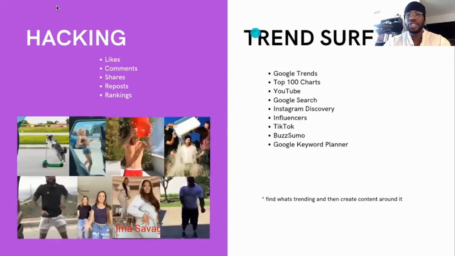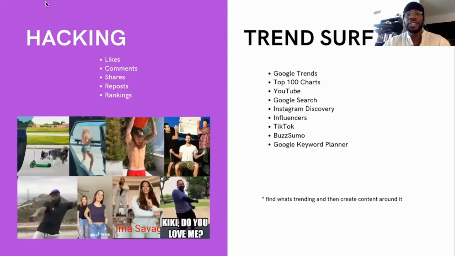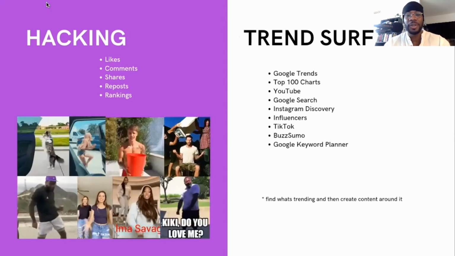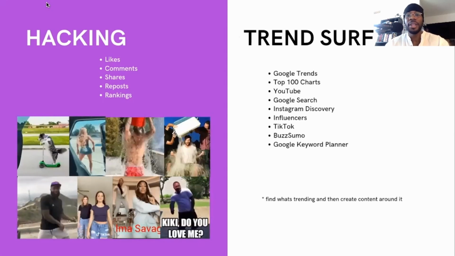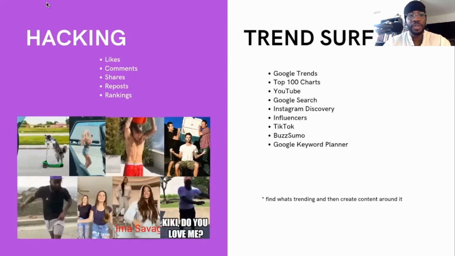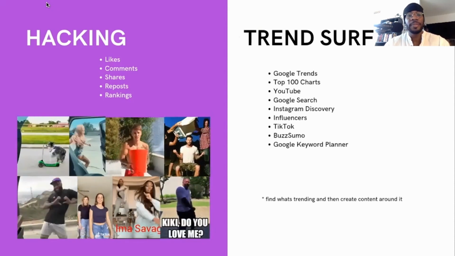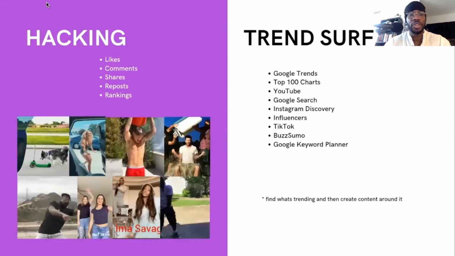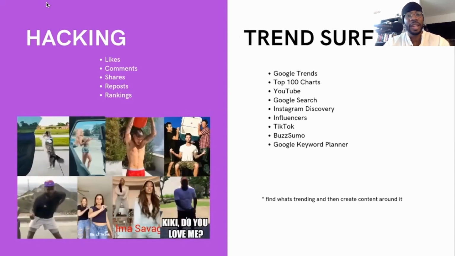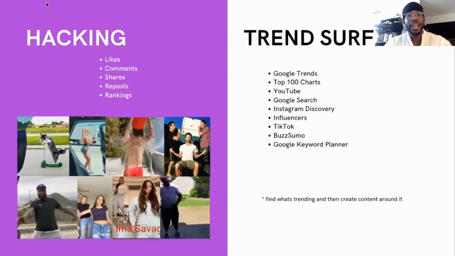Now, there's also trend surfing. Trend surfing is basically being one of the first to the market. It's finding out what's trending and copying it, or finding what's performing the best. There's tools like Google Trends. You could just go on Google Trends and type in a keyword, and it shows you the trends or the seasonality of a specific type of keyword. You also have the top 100 charts.